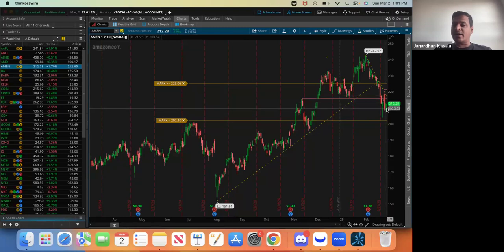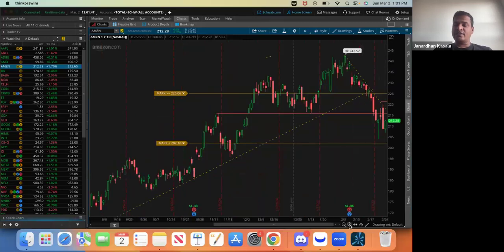Still, if you look at this candle, it's a strong hammer. This is a reversal candle. I would stay long until this actually gets taken out. If it goes below 202, I might exit my longs. But I would stay long here until it fails.